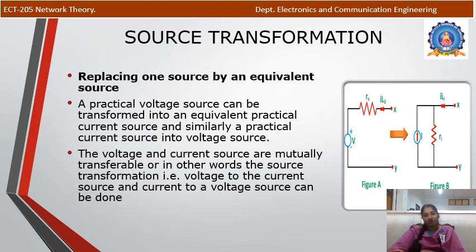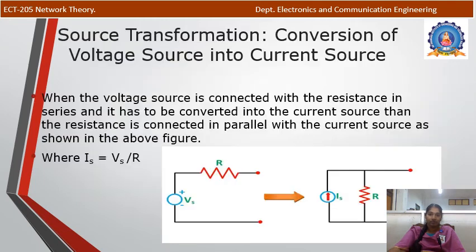If we want to convert a voltage source to a current source, we first find the resistance and then connect the same resistance in parallel with the current source. If we have a circuit with a voltage source and a resistor, first we have to find the current Is.